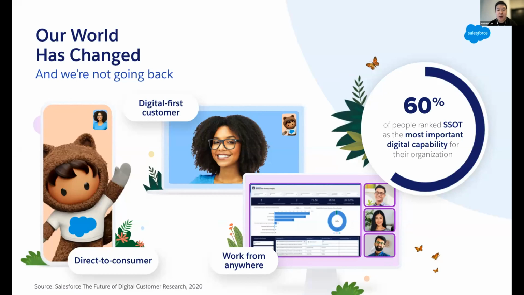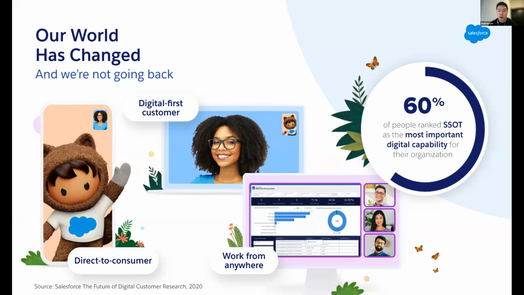At the same time, many brands are realizing that getting a single source of truth for customer data is foundational to their overall digital transformation. And even during the COVID-19 pandemic, this digital first shift accelerated even further to be digital only in some cases, with many more instances of order online and pick up in store, more physical locations shutting down, which led to more direct to consumer and e-commerce strategies.